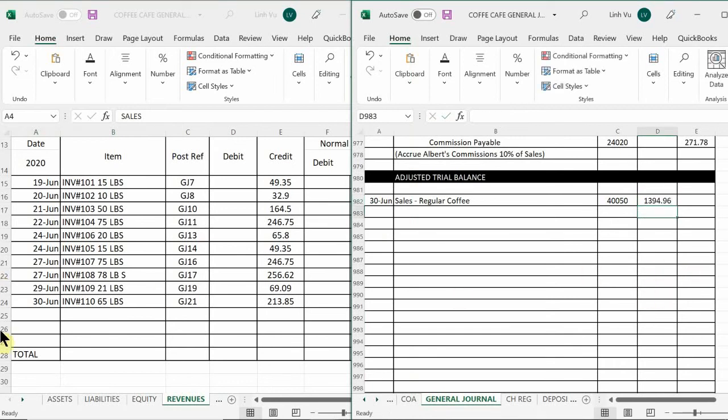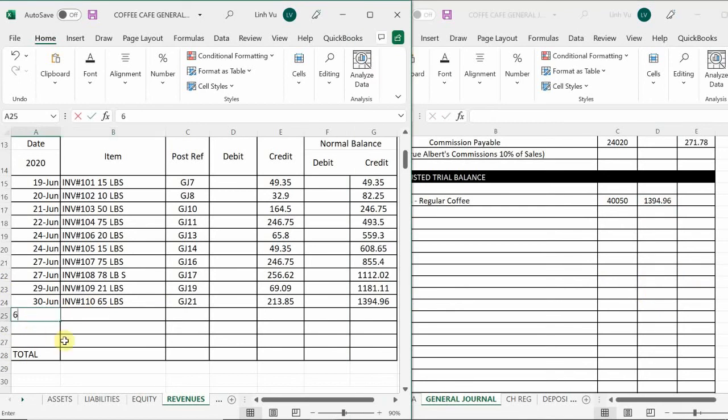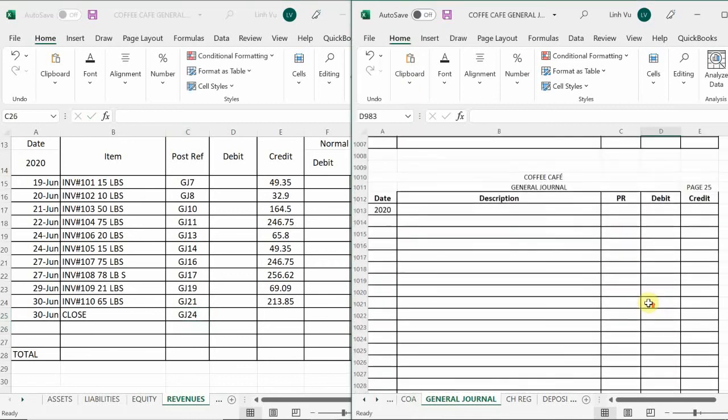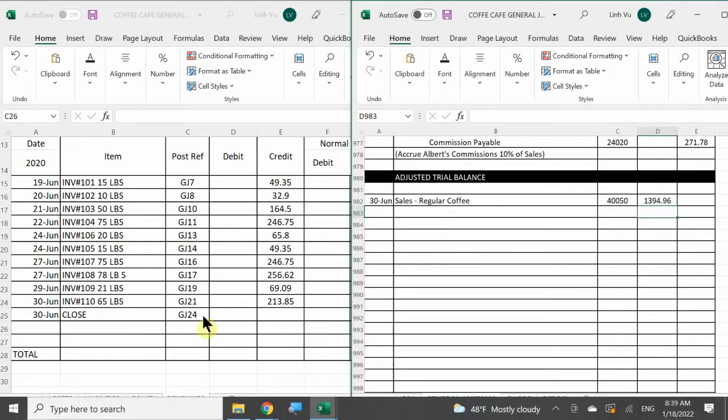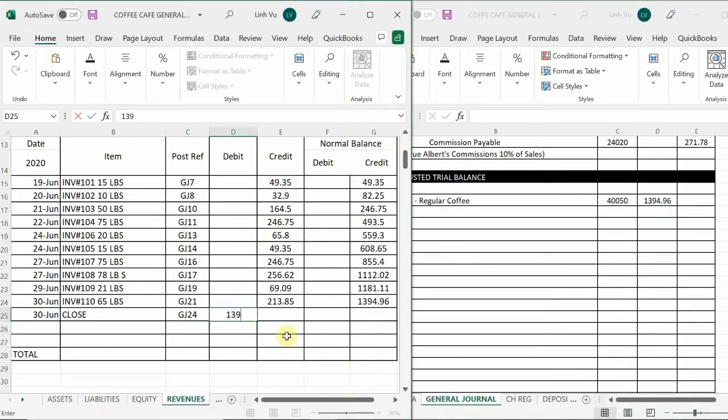I'm going to go ahead and close it out in the general journal. Let's see what page I'm on. I think I'm on page 24. Yes, page 24. And we debit it for $13,94.96. That should bring my account balance to zero.